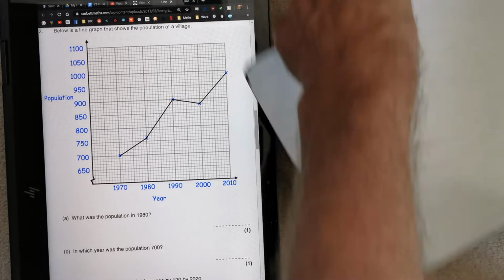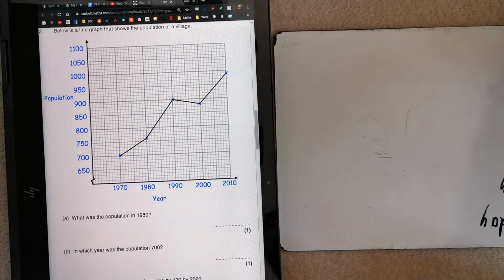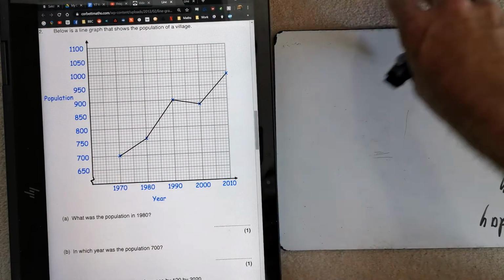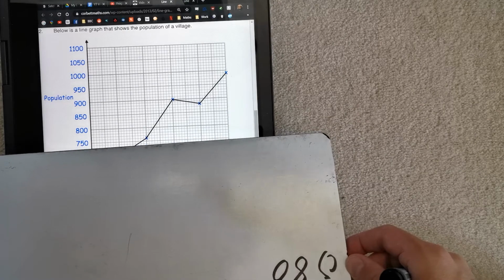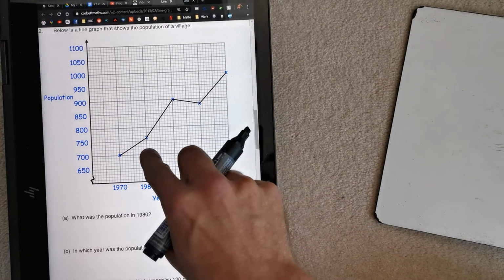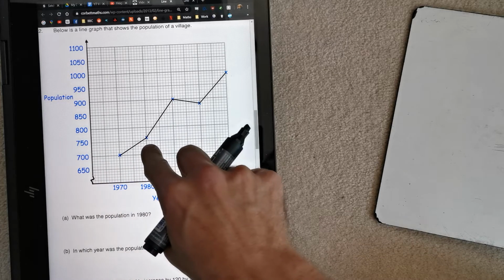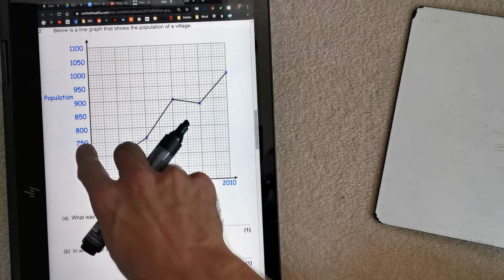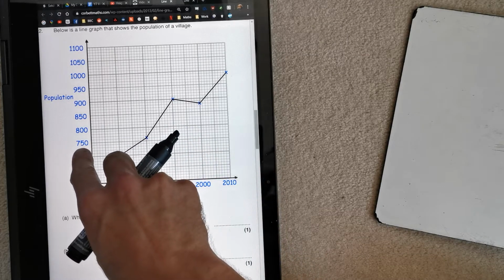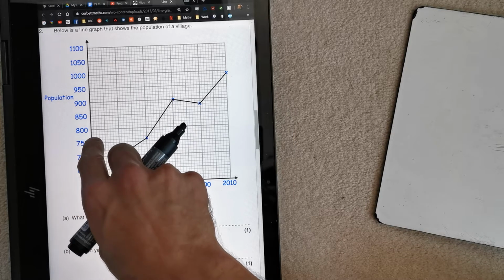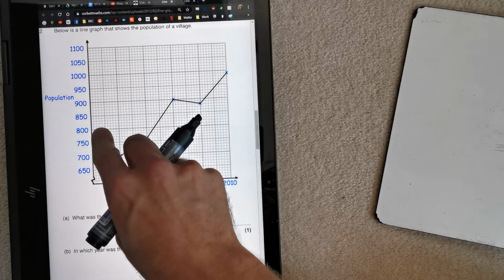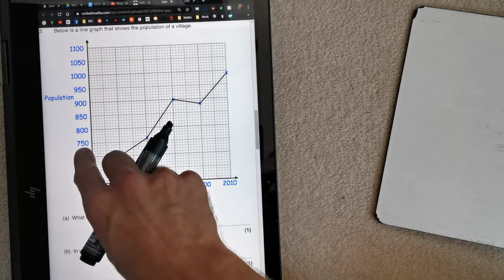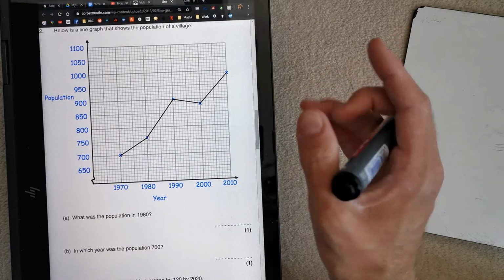Let's have a look, shall we? Let's use the other side this time. What was the population in 1980? So, get a straight edge. And now, it is 1 square above the 750, okay? Now you might notice that it goes 750 up to 800, and I don't know how clear you can see this, but there are 5 divisions between them, 5 jumps up between 750 and 800. So you've got to think, what does that go up in?